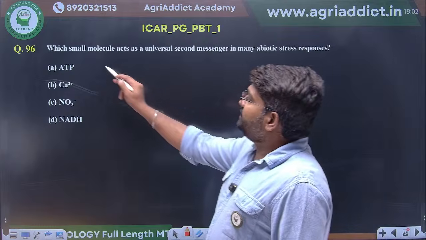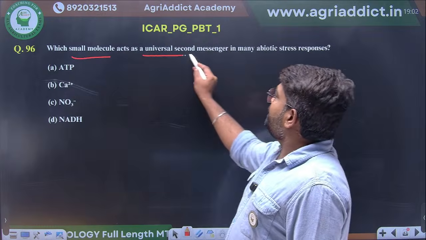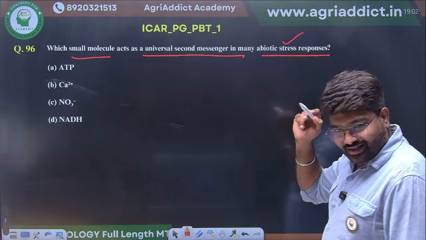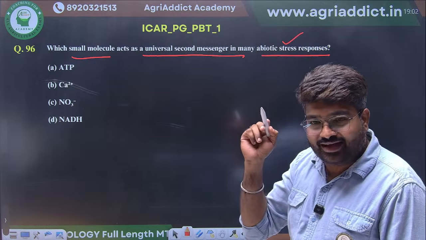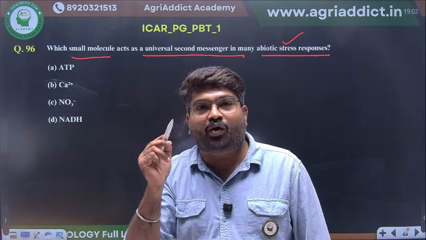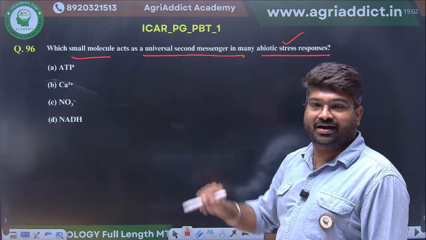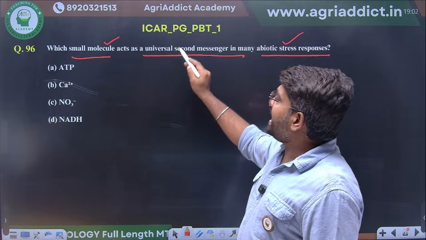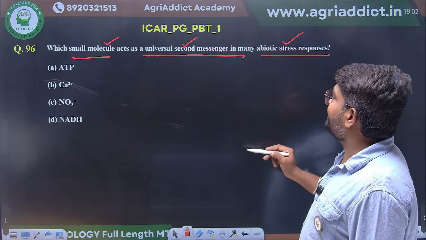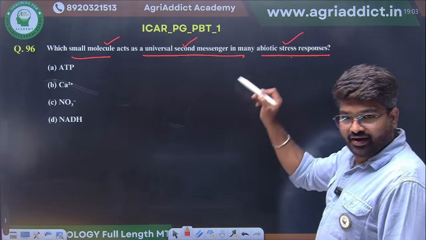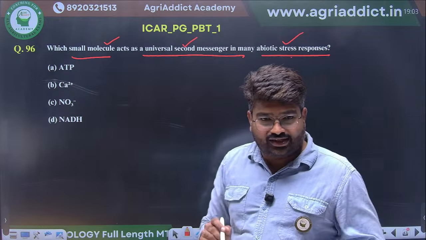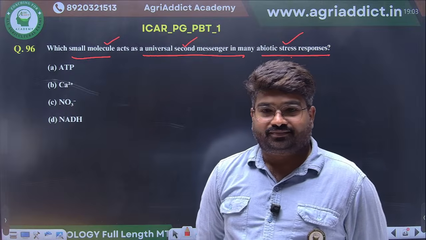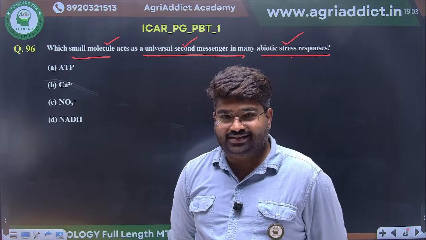Next thing, which small molecule acts as a universal second messenger in many abiotic stress? Read the question properly. First grasp the question, what they are asking. Then you go and see the options. Which small molecule acts as a universal second messenger in abiotic stress? Students, any guess?